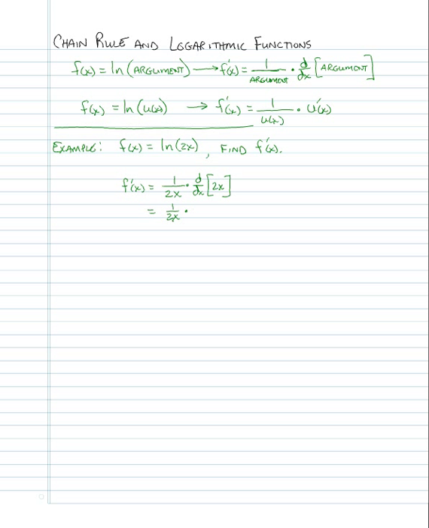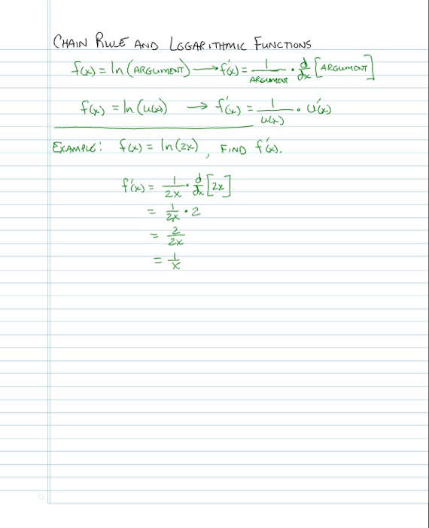The derivative of 2x is 2, and so that's 2 over 2x, which of course simplifies to just 1 over x. So strangely enough, in this case, we also get the result of 1 over x. I think in the next case we won't. So let's look at the next example.